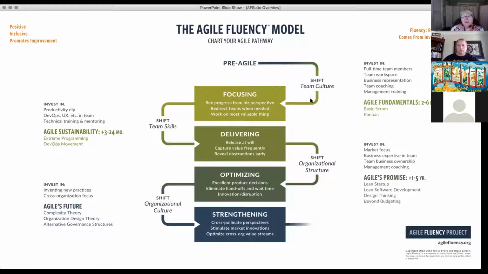And so if that's not enough, then you just keep driving that bus. You go through focusing, you pick up those skills, but then you may also need to drive the bus to the delivering zone. And here we look at business benefits like being able to release at will, or getting a more frequent capture of value by having features that can be released to the customer base feature by feature.